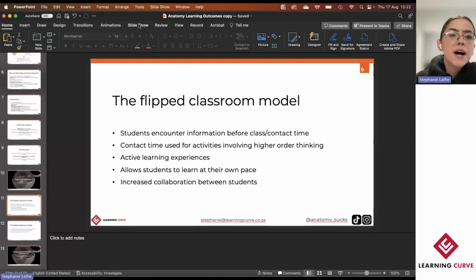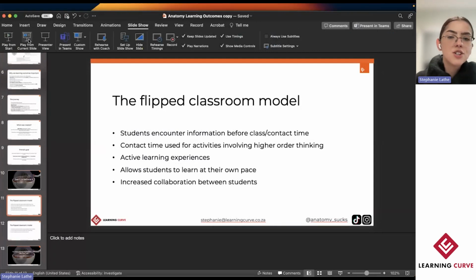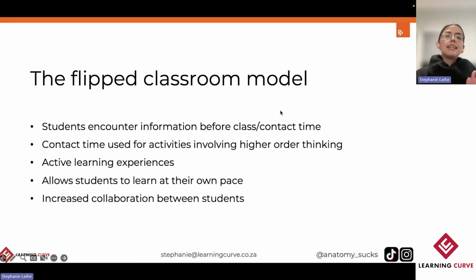So let's come back to my slideshow and let's briefly discuss the flipped classroom model. This educational model allows students to encounter information for the first time before class or contact time. The teaching or contact time is then used for activities which involve higher order thinking.